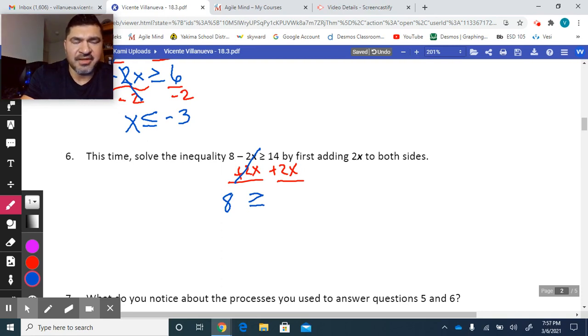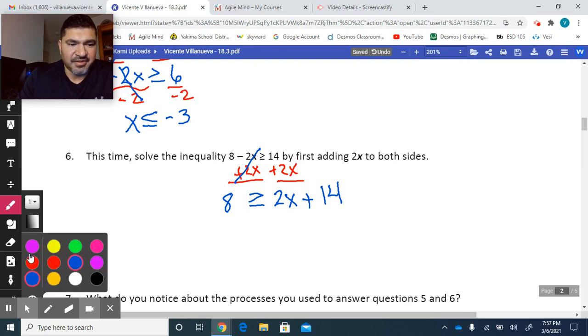It's best to stay organized if you write the term that has the variable first, so that would be the 2x. So I'm going to put 2x and then the positive 14 here. Instead of having 14 plus 2x, that's the same thing as 2x plus 14. It's just a better way to stay organized. Okay, so I'm going to continue. So I have the 2x over here. Now I need to get rid of this plus 14.